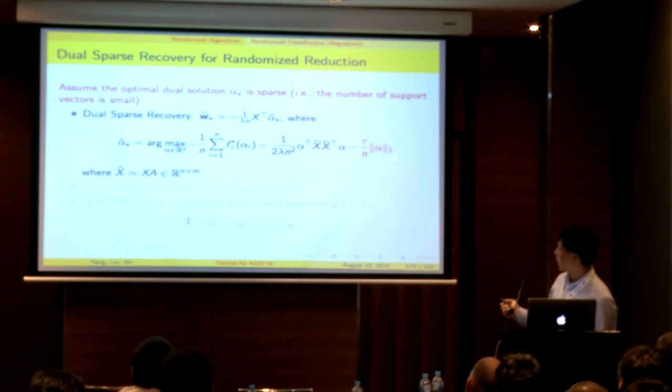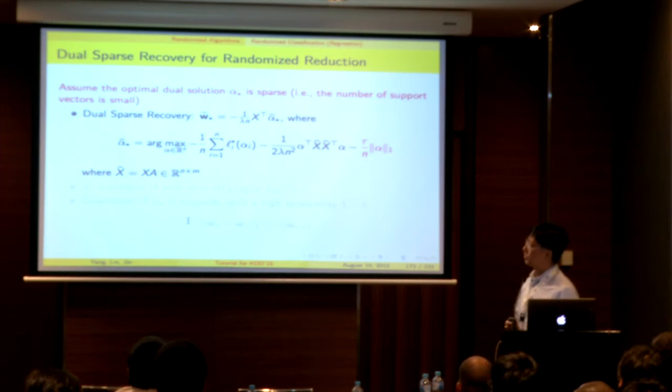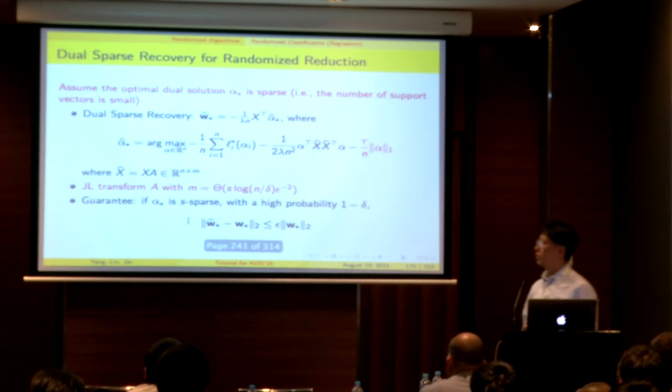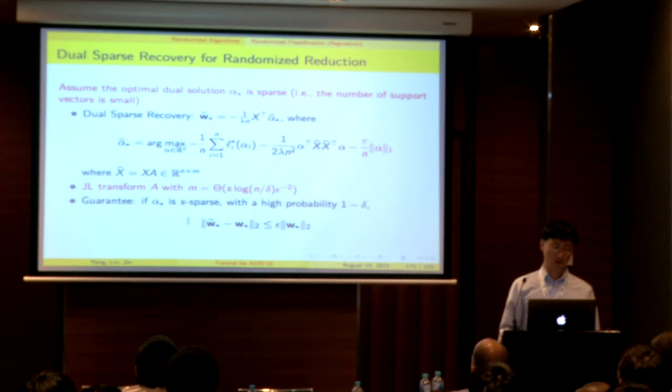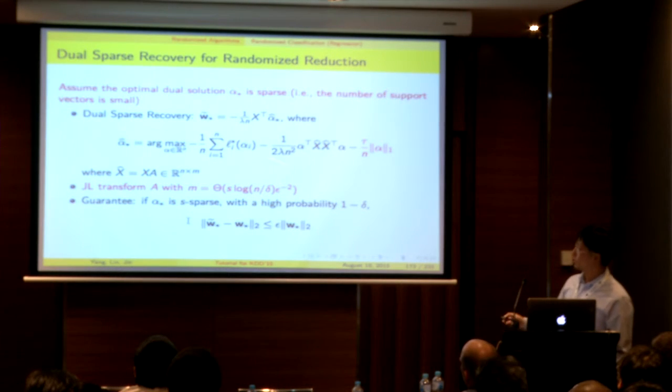So we add this L1 regularization into the dual formulation, we get the optimal dual variable, alpha hat star, and then we reconstruct a model in the original high-dimensional space using a similar formulation here. In terms of the theoretical guarantee, we show that we can use any JL transform as long as the reduced dimension is of this order.